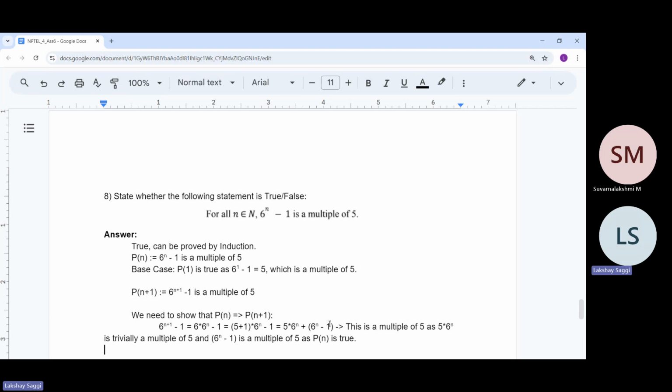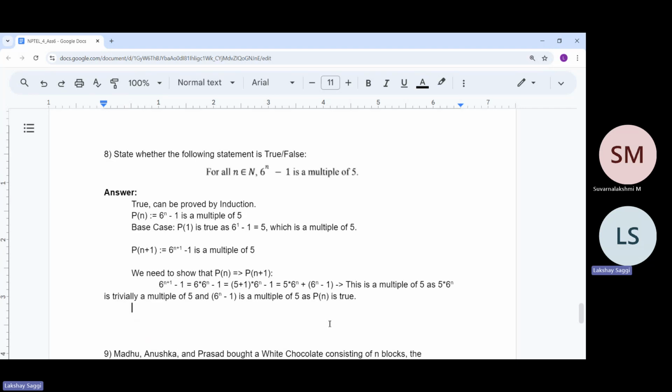So what this actually means is that this term is a multiple of 5, and so P(n+1) is true. Hence, P(n+1) is true if P(n) is true.